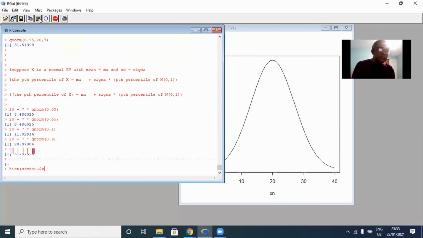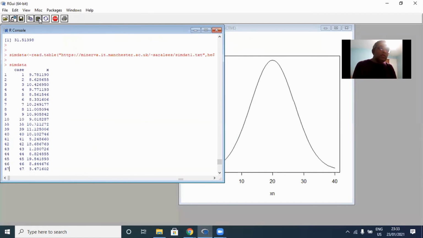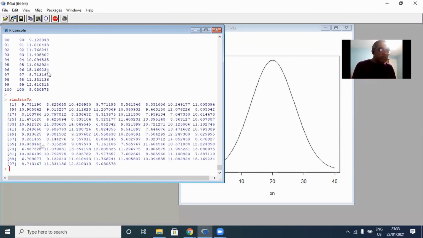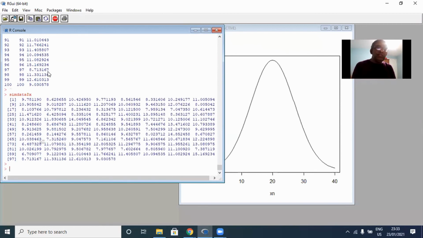You may recall that it has these columns, and the column that we're interested in is this column here, which has x as the label. So sim data $x will give you this data, and we want to do a histogram of this data.